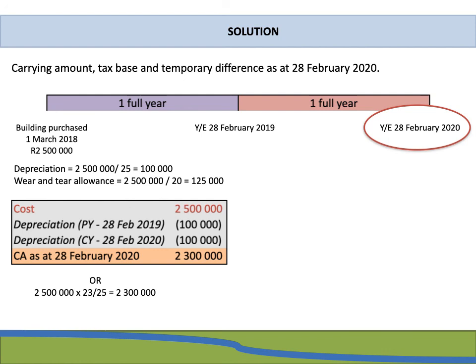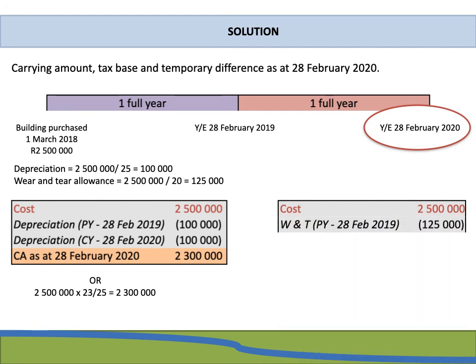Now, if we have a look at our tax base, we're going to start with the same cost of 2.5 million Rand. Now we need to claim wear and tear allowances for 2 years because we had wear and tear allowance that we claimed for the year ending 28 February 2019, and we had the wear and tear allowance for the current year that ends on 28 February 2020.